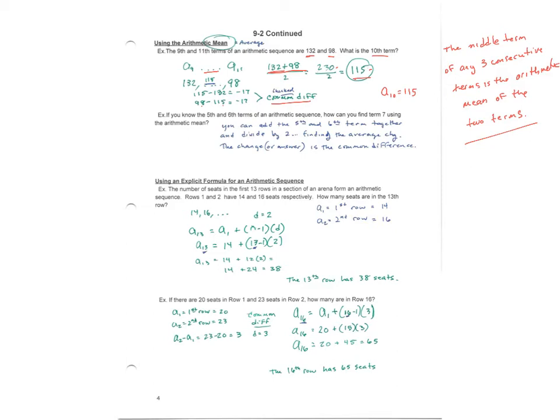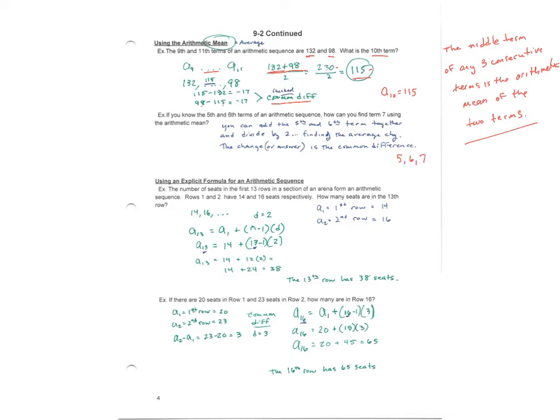And we can probably do the same thing with this next example. Let's look. What it is asking is, how can you find the 7th term using the arithmetic mean? Well, they want you to explain it in your own words. Terms 5, 6, and 7 are 3 consecutive terms.